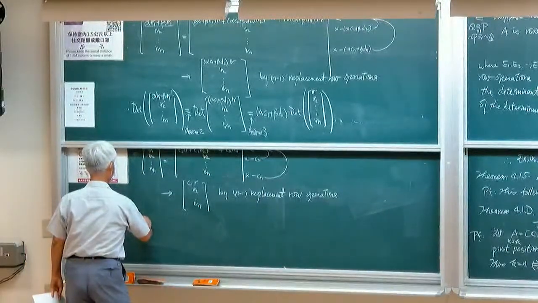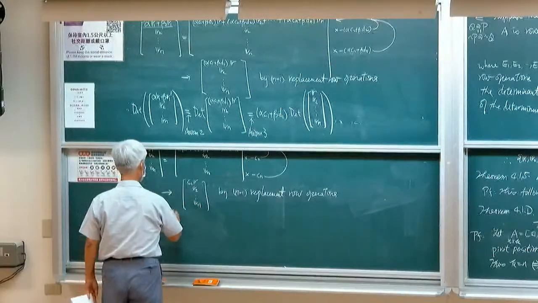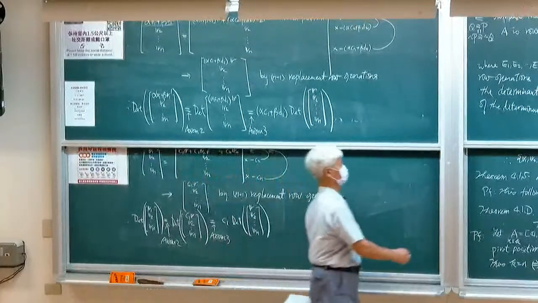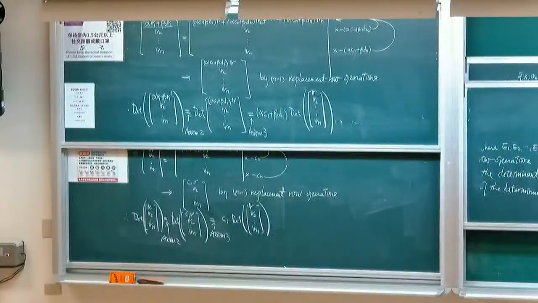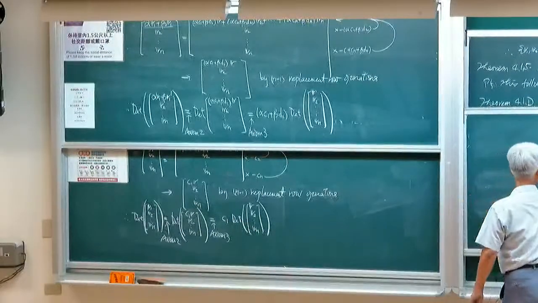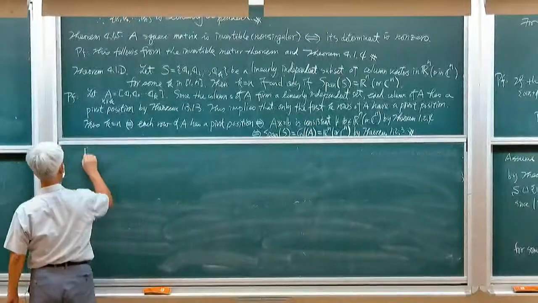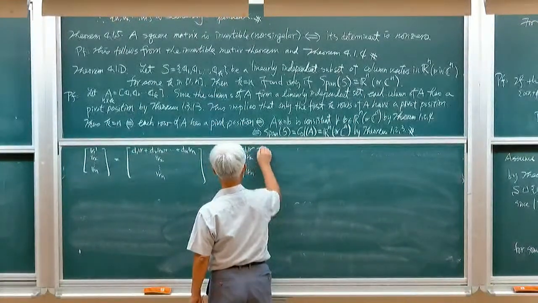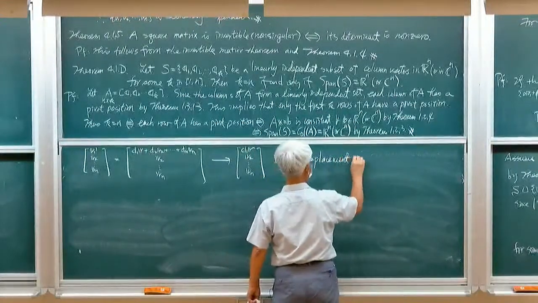So that determinant of R1, R2 up to Rn is equal to the determinant of C1 R, R2 up to Rn, by n minus 1 replacement row operations.